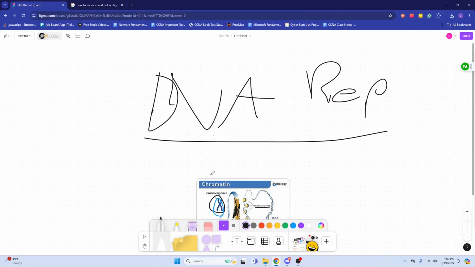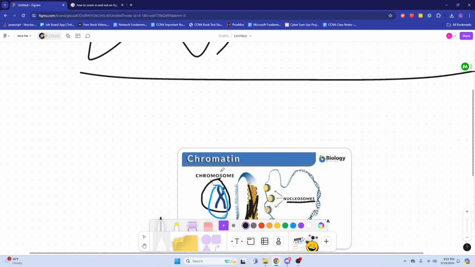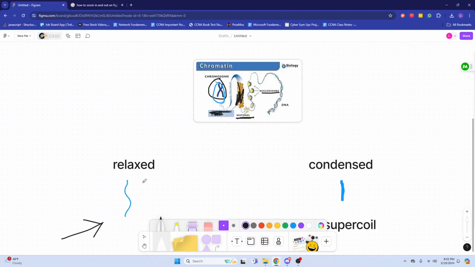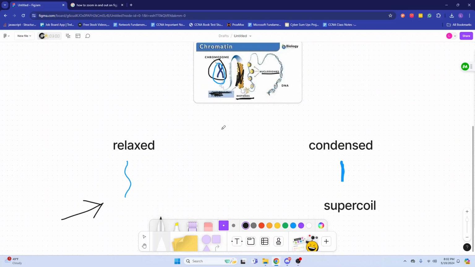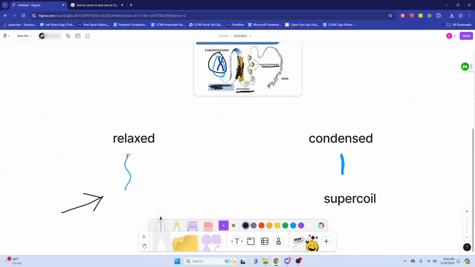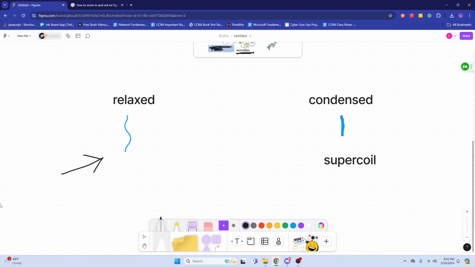Despite the fact that you've normally seen chromosomes like this that are condensed, that's because in the context of the majority of things in biology, we look at them in the condensed form. But actually, most of the time, they're relaxed. So they're relaxed when not dividing. Okay. And I'm going to tell you why in just a second.